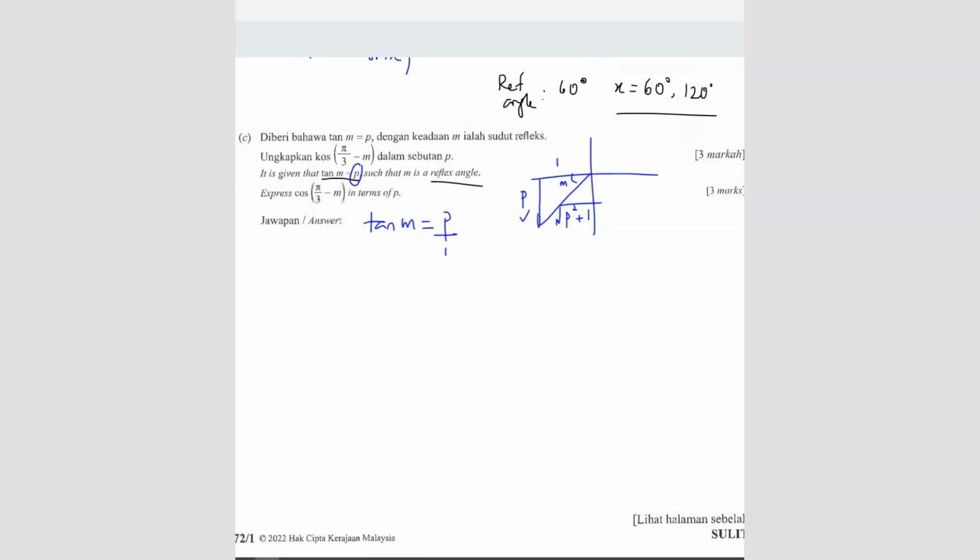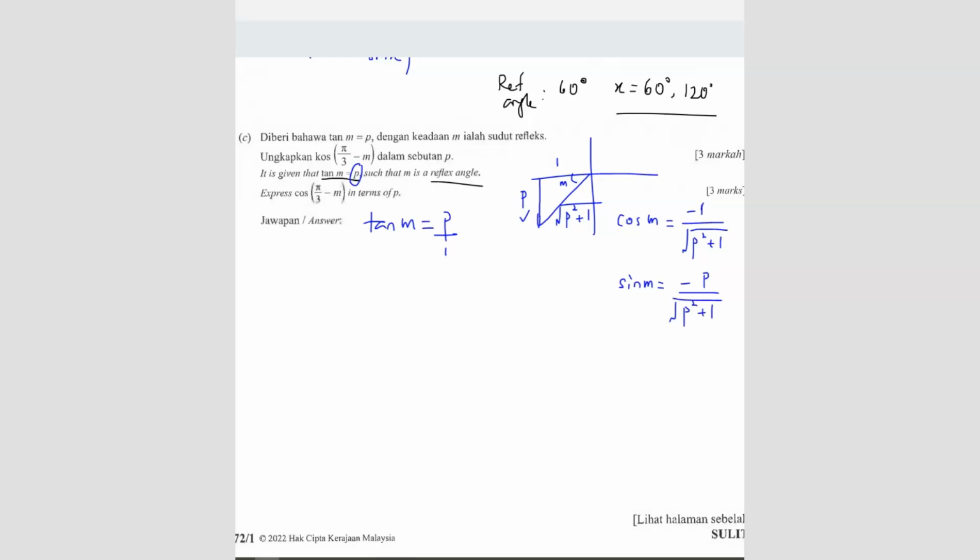From here you can find cos M. Cos M will be adjacent, so 1, but negative, because it's the third quadrant, so the cos value will be negative: negative 1 over the square root of P squared plus 1. And sine M would also be negative: negative P over the square root of P squared plus 1.